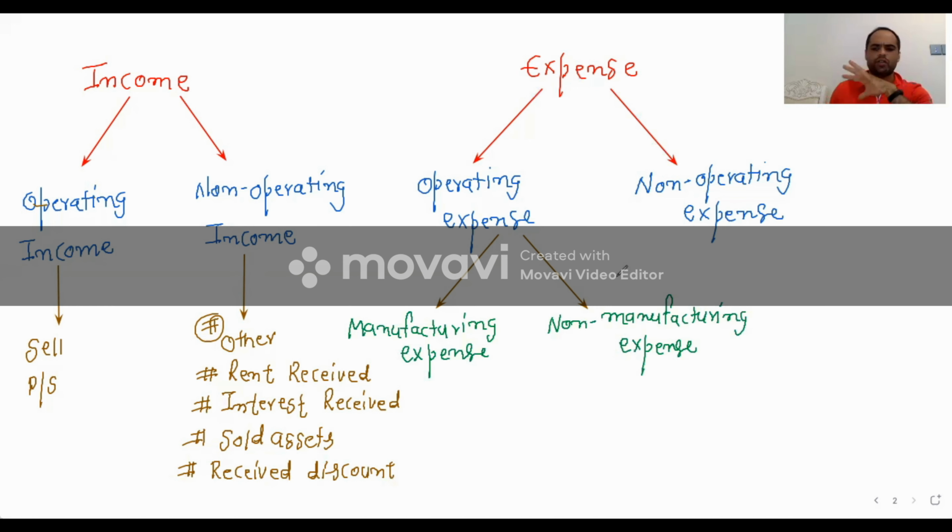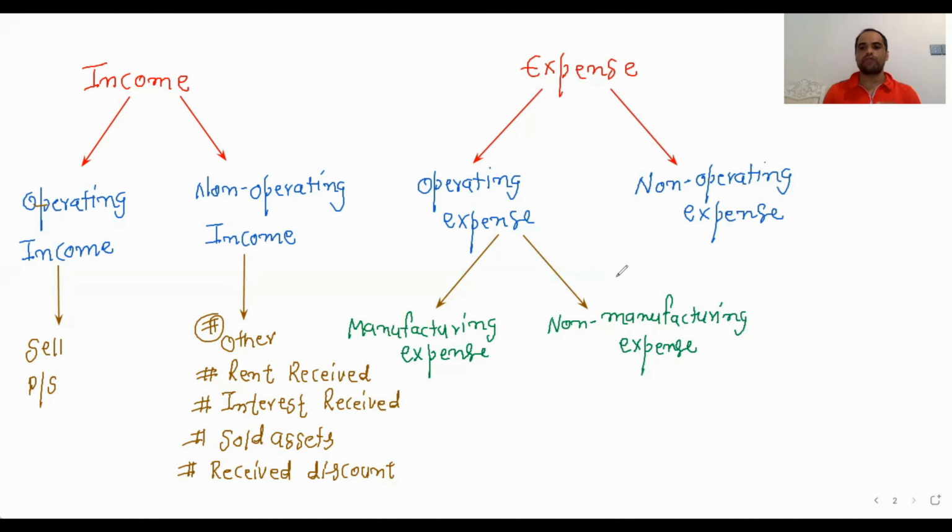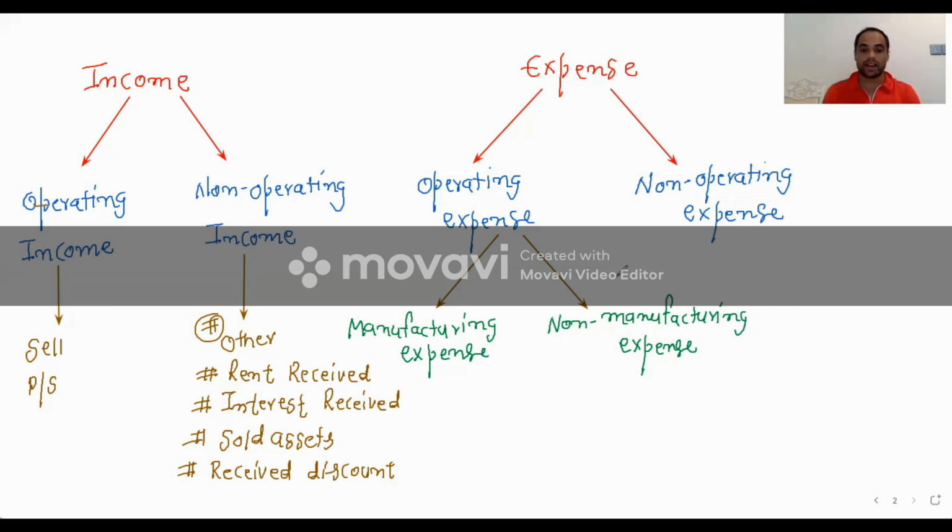Manufacturing expense we will not discuss here because you have another subject, management accounting, but I'm giving you a quick idea. Manufacturing expense means any kind of expense involved in producing a product. Let's say we are producing a pen. Material is your manufacturing cost. Labor involved in producing this pen is a manufacturing cost. Maybe some other expenses are involved in producing this pen.